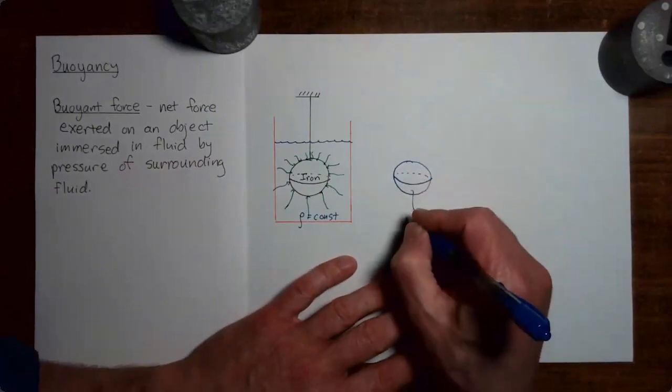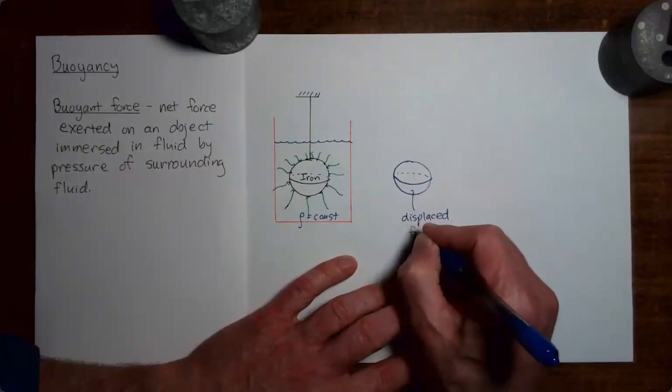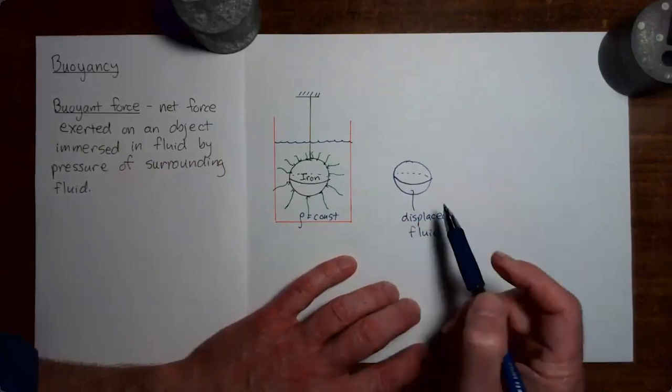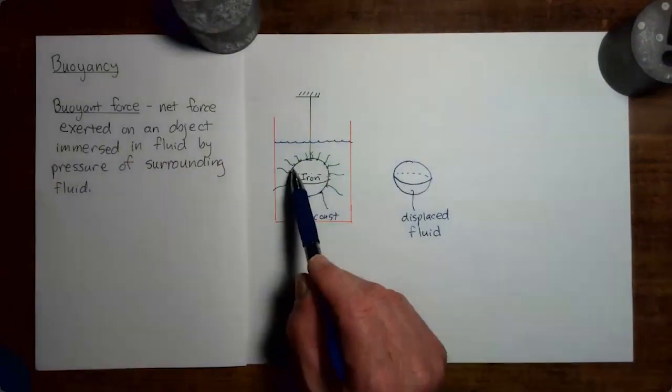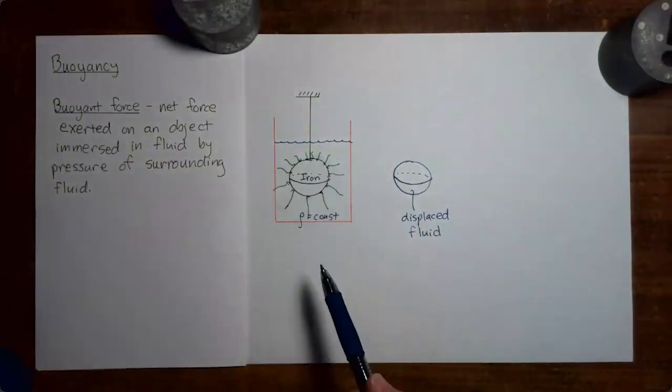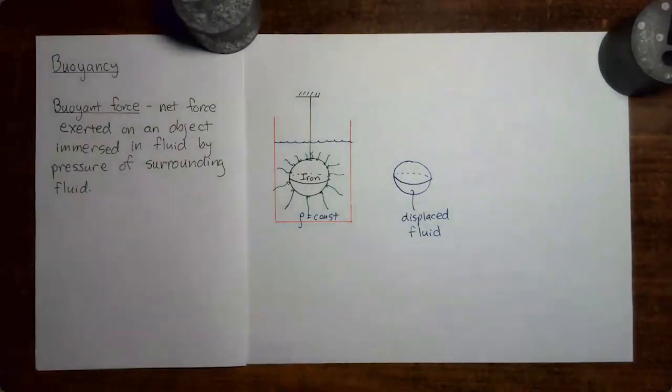We're going to call this blob the displaced fluid. We call this the displaced fluid because this is the fluid which would be occupying this space if the iron sphere were not there.